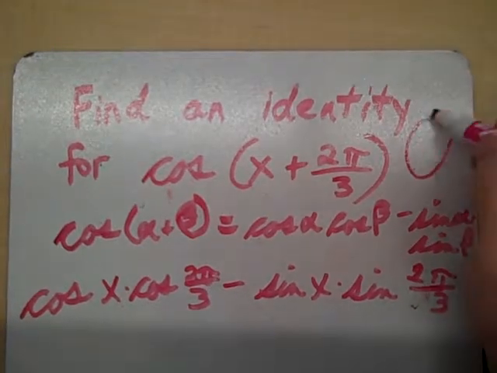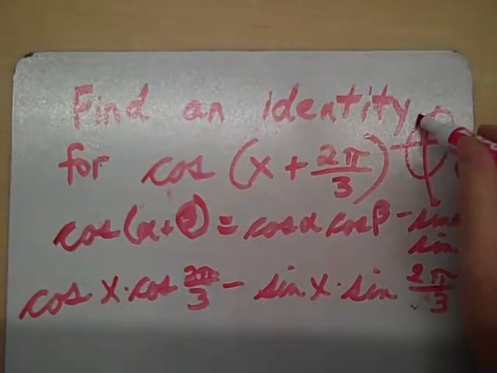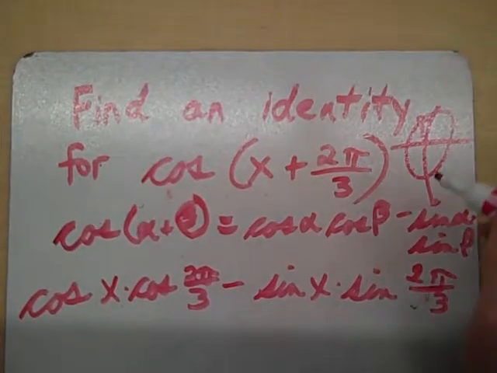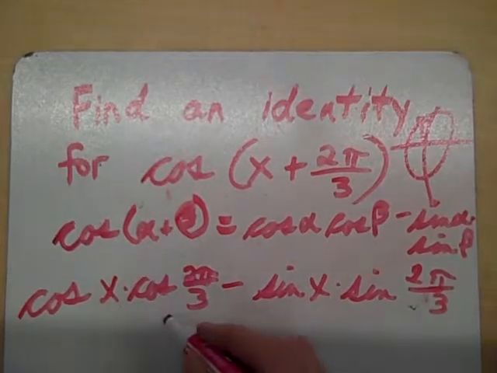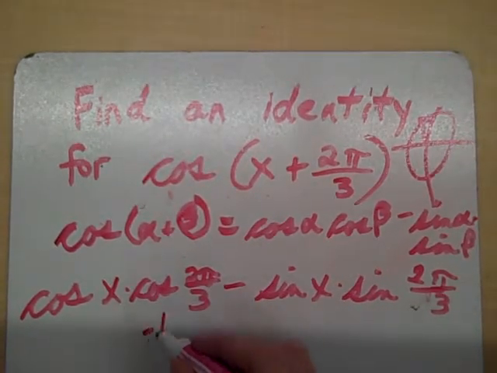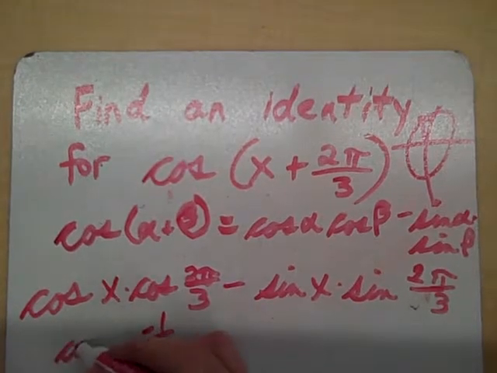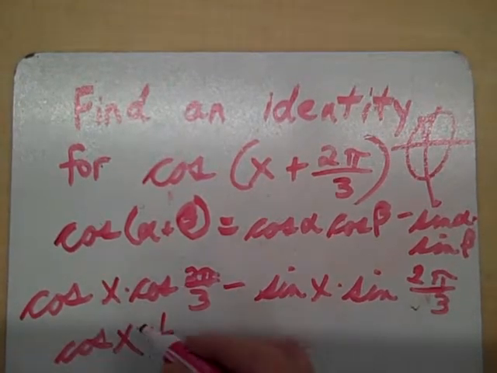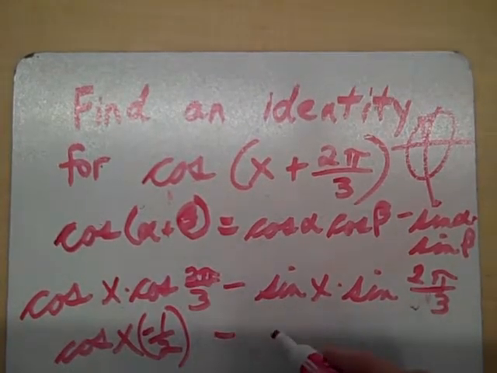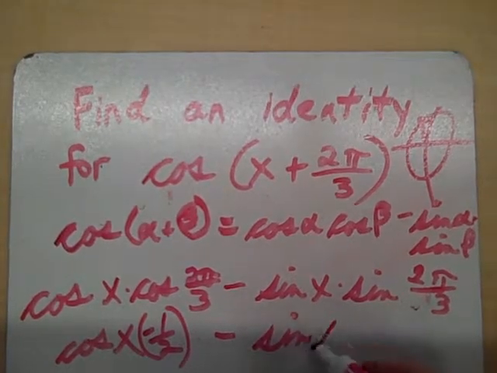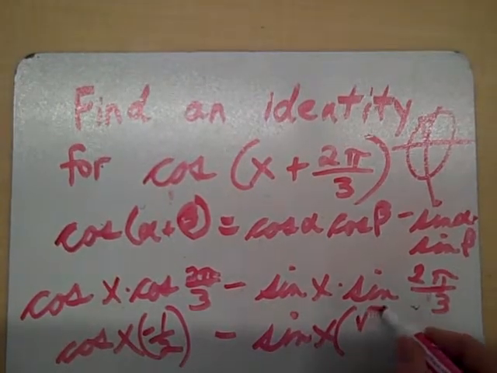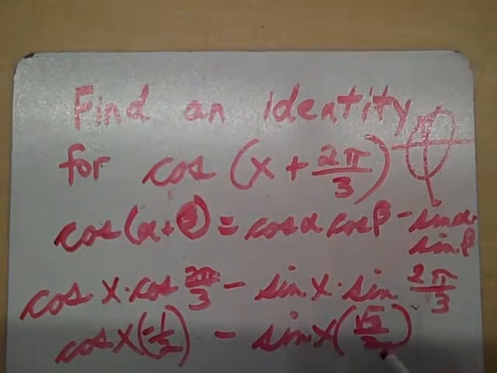If I think of 2 pi over 3, I'm thinking right here. And that looks to me like the cosine of 2 pi over 3 is negative 1/2. Cosine x times negative 1/2 minus, and then sine of x times square root of 3 over 2.